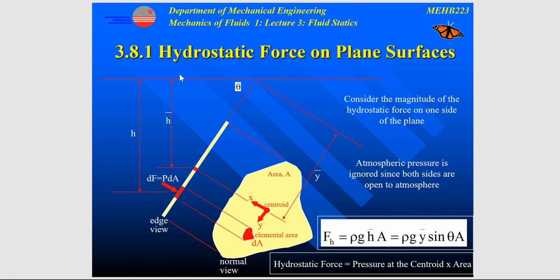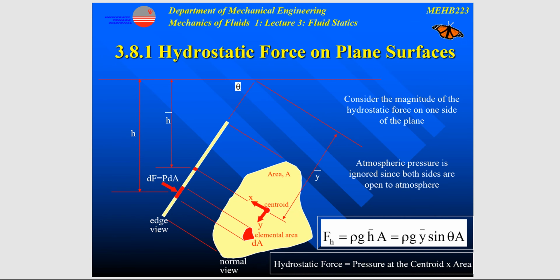So h bar is the vertical height taken from the water surface to the centroid of the plane surface. This plane surface can be of any arbitrary shape, for example, rectangle, circle, etc.